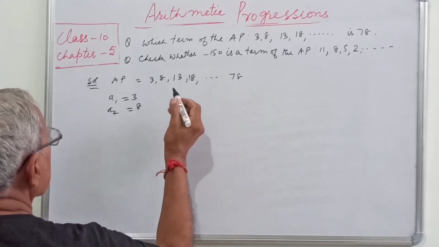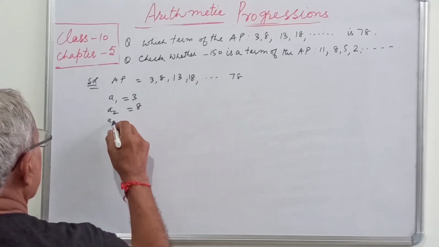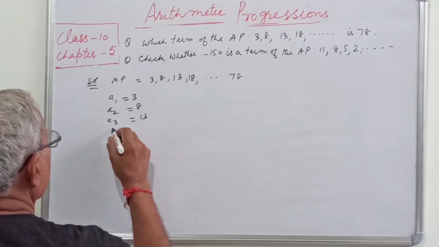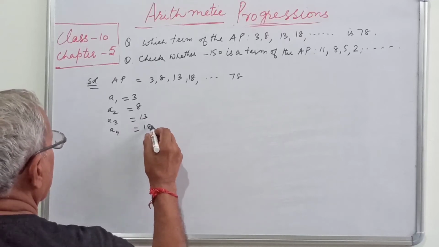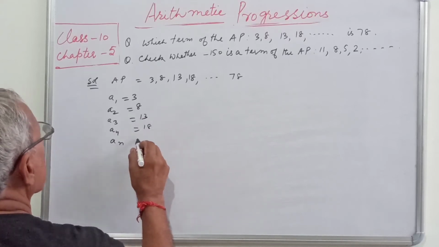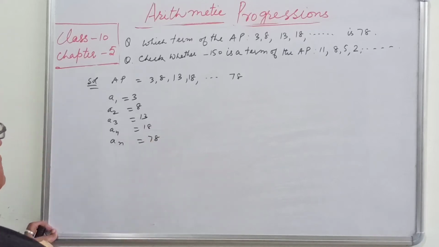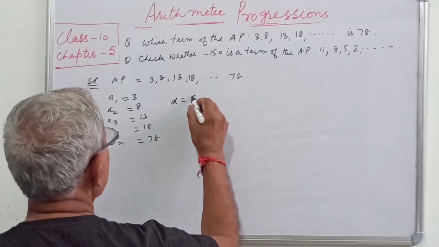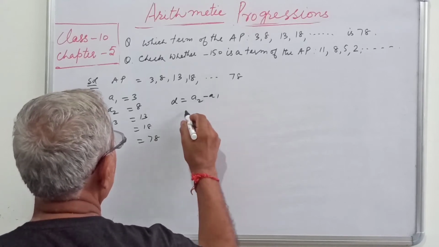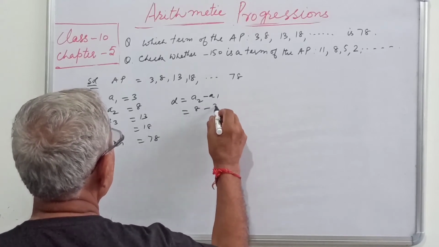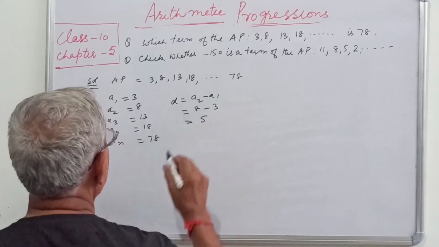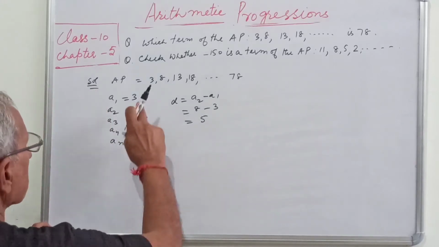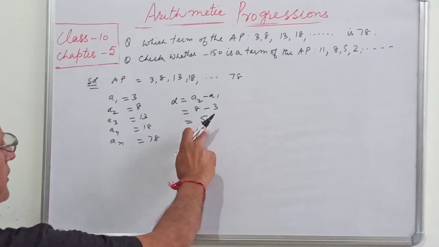and A3 is 13. And AN is 78. So we have to find first D. So D is A2 minus A1, 8 minus 3, that is 5. A is given, D we have found out.